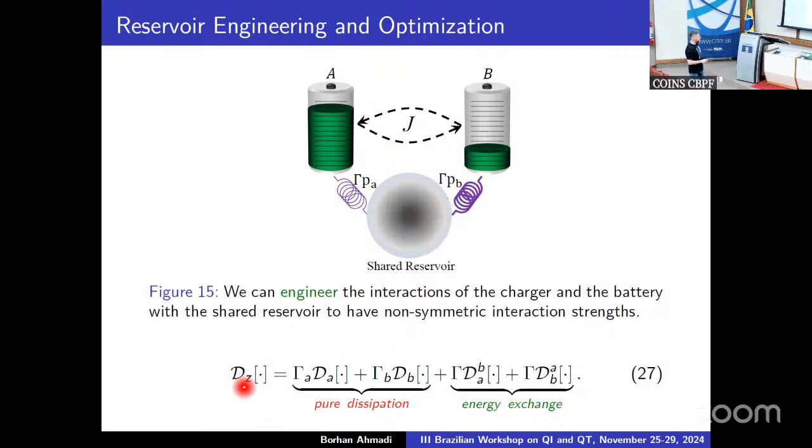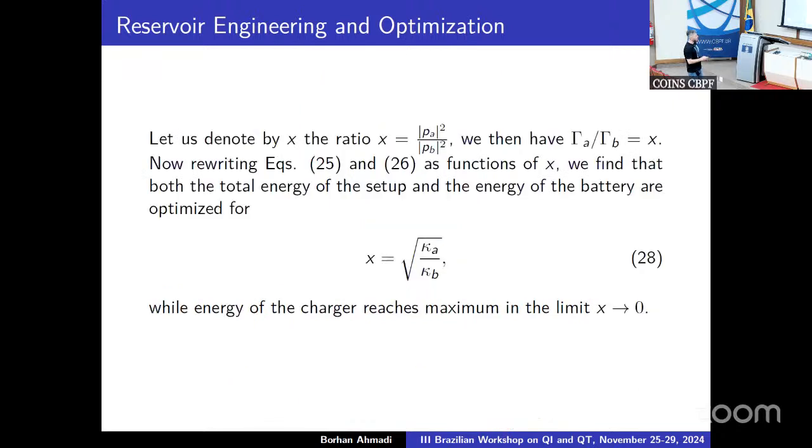So as you see here, if I can play with PA and PB, I can engineer the interaction while the energy exchange rate stays intact, which is defined by this gamma. I can decrease gamma B, for example, and increase gamma A, but keeping the energy exchange rate intact.